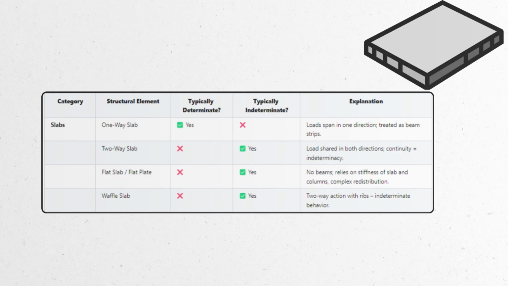A two-way slab distributes load in both directions, which automatically introduces redundancy. Because of this, slabs are usually analyzed using compatibility and deformation methods, not equilibrium alone. So in practice, most slabs are indeterminate systems.